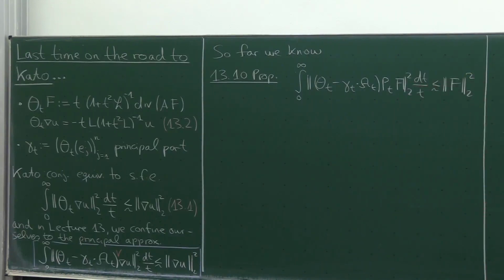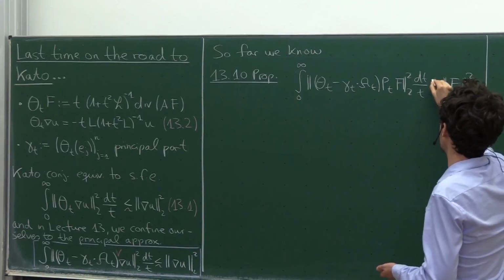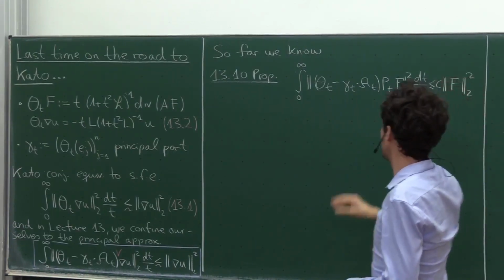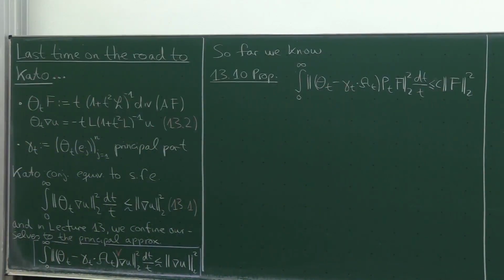Eventually capital F is always a general L2 vector field. Gradient of u is always the gradient of an H1 function. These constants c only depend on dimension and ellipticity. Okay, so that's what we have so far.